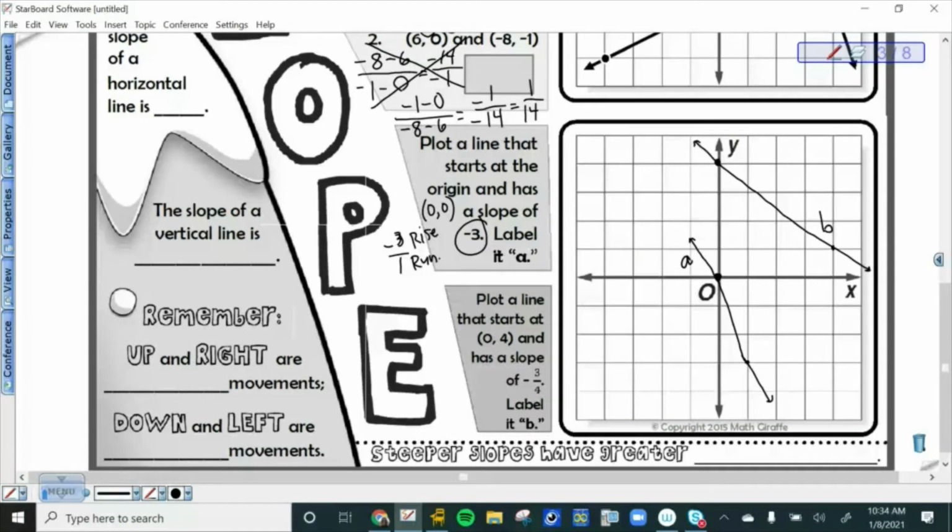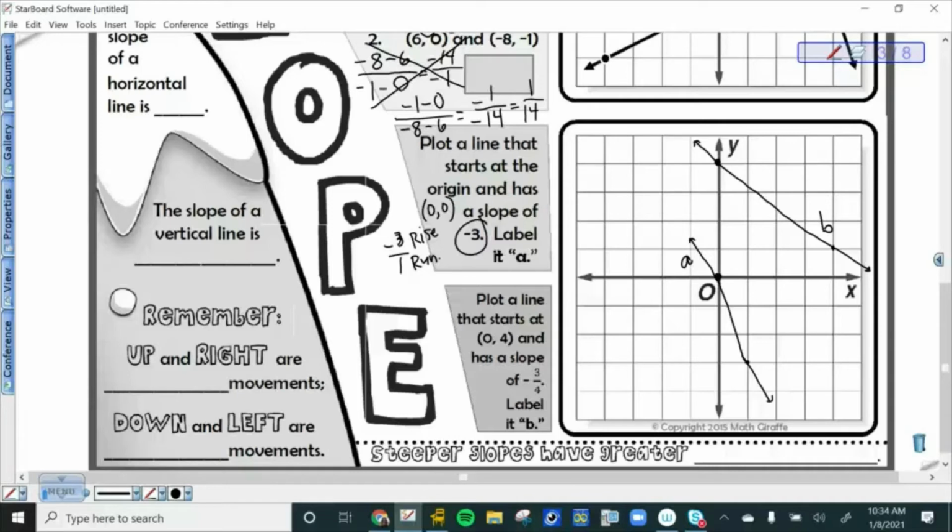So let's talk about this. Steeper slopes have greater absolute value. Do you guys know absolute value? Is that familiar? Does that ring any bells?